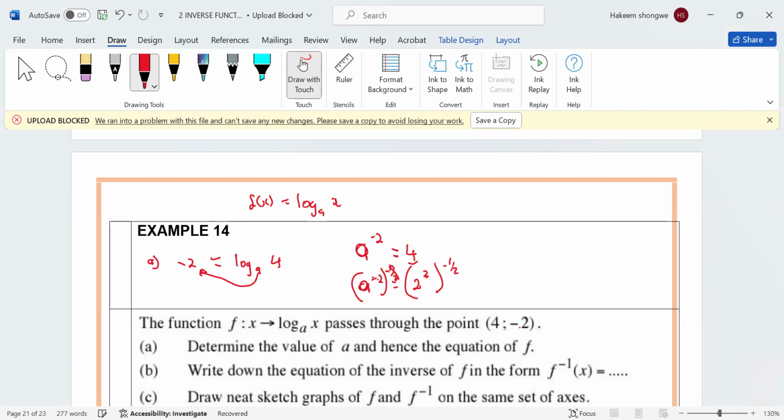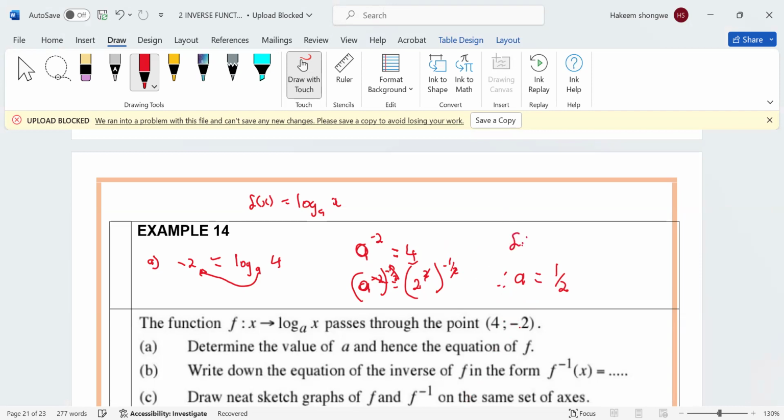This one and this one divide each other, therefore A is equal to 2 to the power minus 1, which means we have 1 over 2 as A.